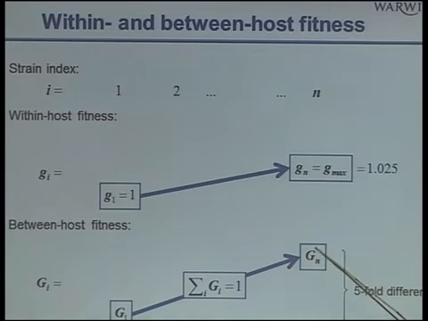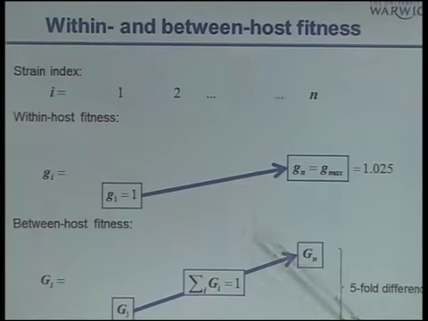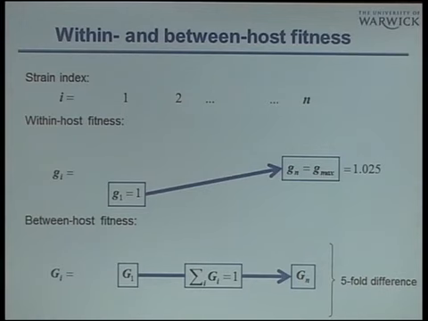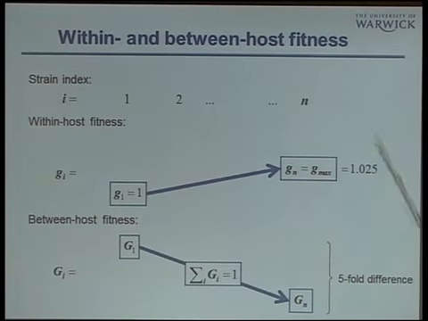And in particular, you can have a positive correlation, so the strain N is the fittest one within the host and also the best one at transmitting between hosts, or you can have a negative correlation where strain N is the worst one at transmitting between hosts. And between host is independent of frequency, right? So if one strain has a G of 2 but is half as frequent, it's just as likely to establish. Exactly. But the frequencies change over time according to the reproduction and mutation.